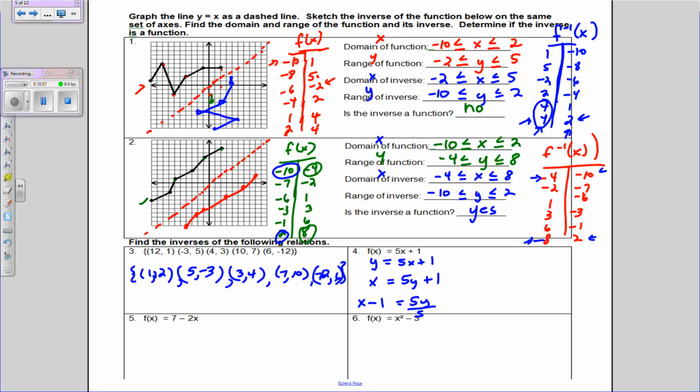Then I'm going to divide by 5. After I do that, I'm going to write the y first. Don't change signs, we're just changing sides. So y equals 1/5 x minus 1/5. So with inverse notation, we say f negative 1 of x is equal to 1/5 x minus 1/5.